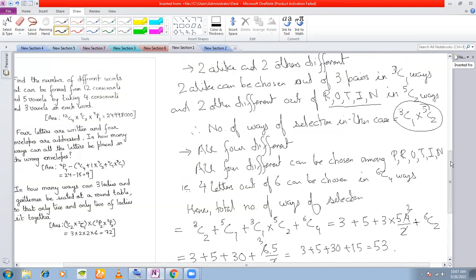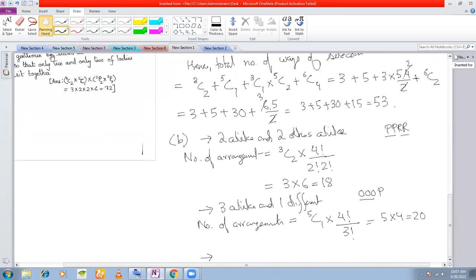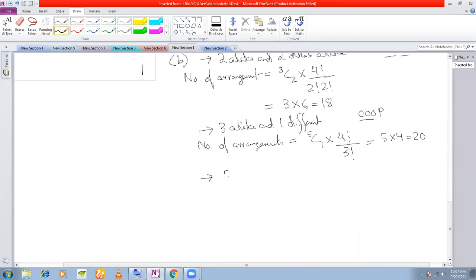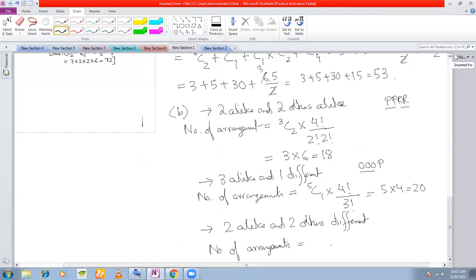Third one, 2 alike and 2 others different. Number of arrangements. How many ways of selection? 3C1 into 5C2.